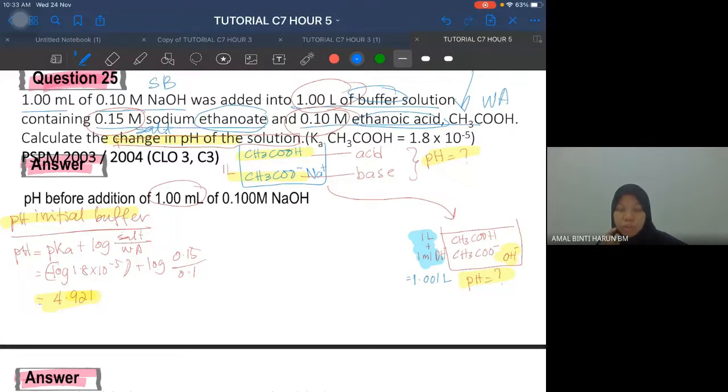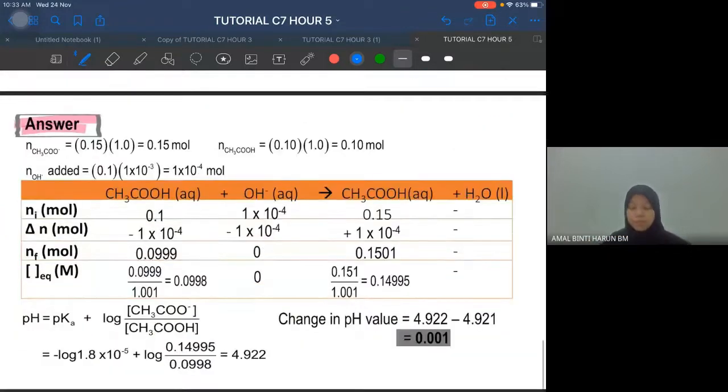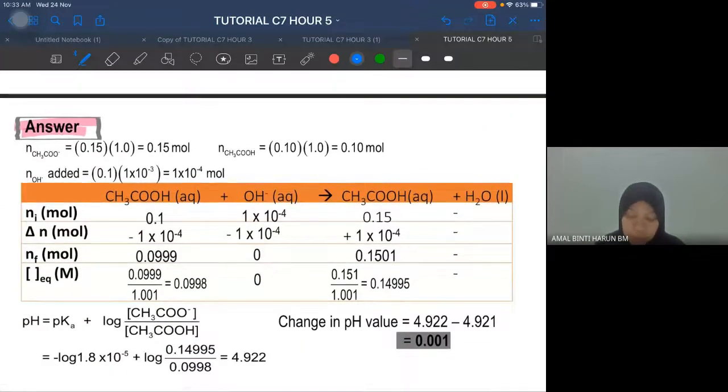The new volume. Okay. So adakah mol sebelum dan selepas tu akan bertambah? Okay. Initially the number of mole, okay, kita pun repeat proses yang sama macam soalan 23-24 tadi. Okay. Ini adalah original daripada buffer. Okay. From buffer.